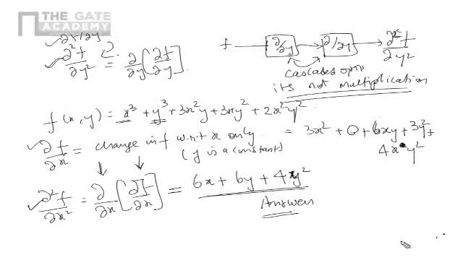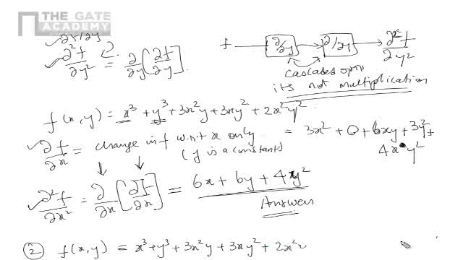Okay. Now let us take another problem, or rather the same problem. We will try to find something different, and through this problem we will understand some concepts also. f = x³ + y³ + 3x²y + 3xy² + 2x²y².